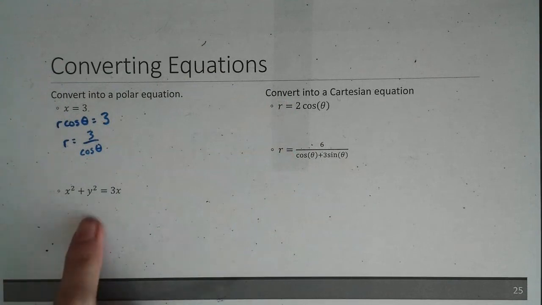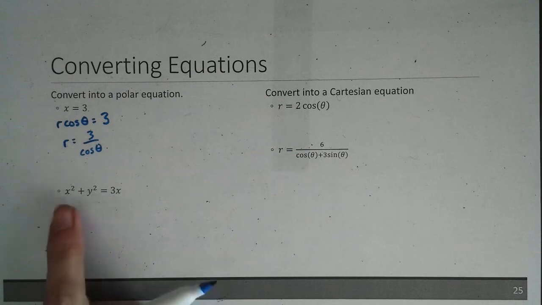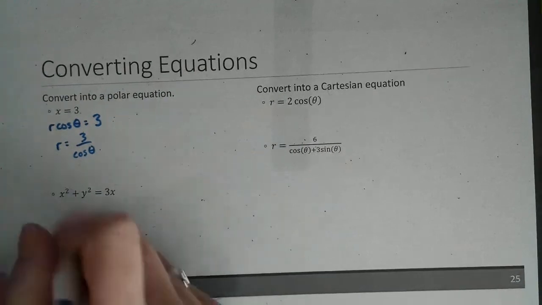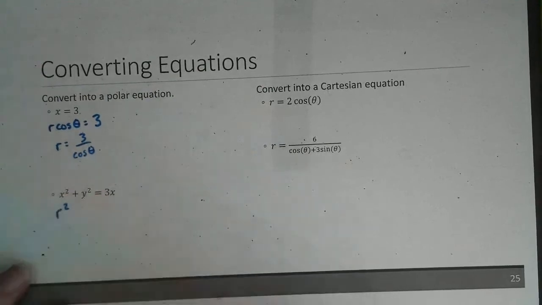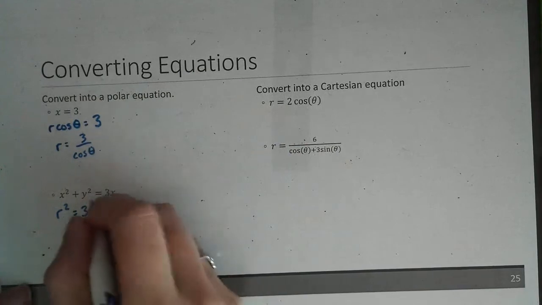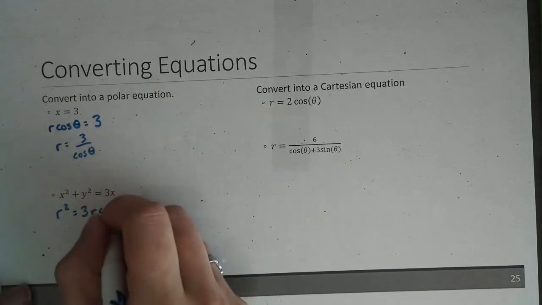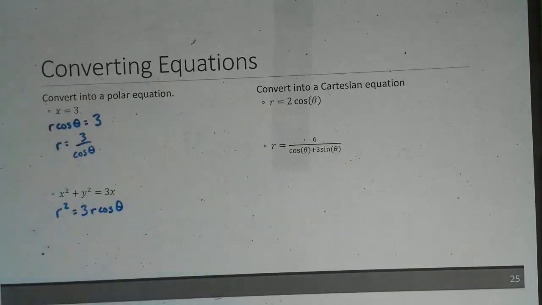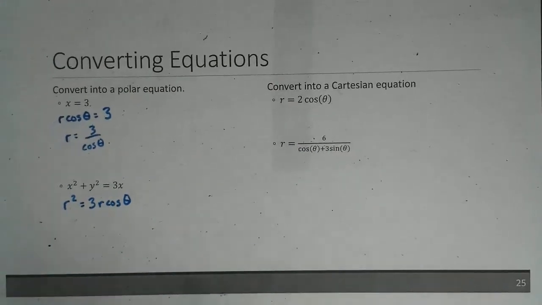Next up, we have x squared plus y squared is equal to 3x. We know that x squared plus y squared is r squared. So that one's not too bad. That's equal to 3 times what we know x is. x is r times the cosine of theta. Now I have r's on both sides of my equation. Let's see if we can get them together.